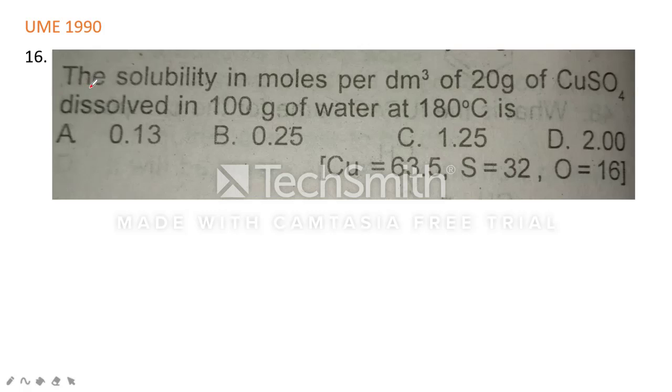The next question, UME 1990 question number 16. The solubility in moles per dm cube of 20 grams of copper sulfate dissolved in 100 grams of water at 180 degrees Celsius is, of course, 20 grams over 100, which is 0.2.